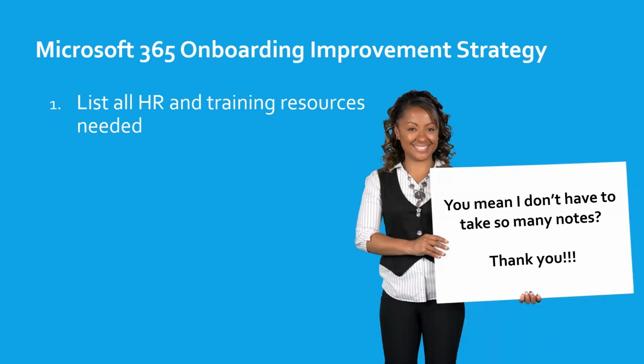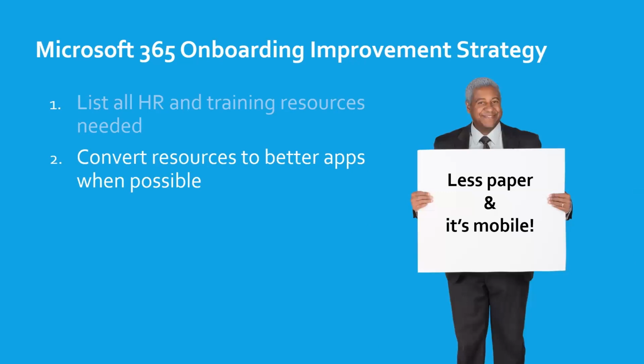Well, the steps that I would tell you are pretty simple. Number one, list everything that the new employee or the regulatory agencies, whatever, list all of the resources that you need to get that new employee as quickly as possible to a productive state without hurting himself, herself, or others or equipment. Secondly, analyze each of those resources and convert them, if possible, to a better app.